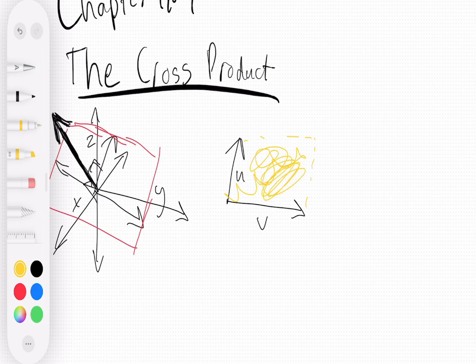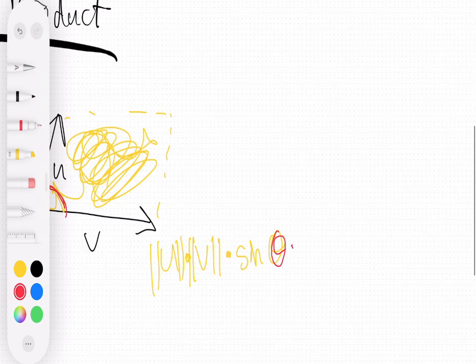This area would be the magnitude of u times the magnitude of v, times sine of the angle between them right here. That is going to give us the magnitude, so that's going to equal the magnitude of u cross v.